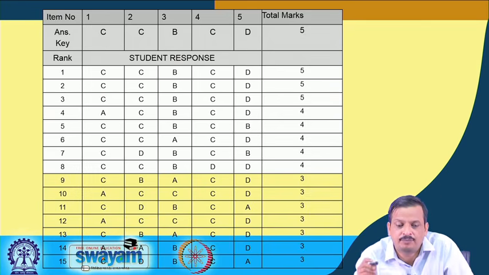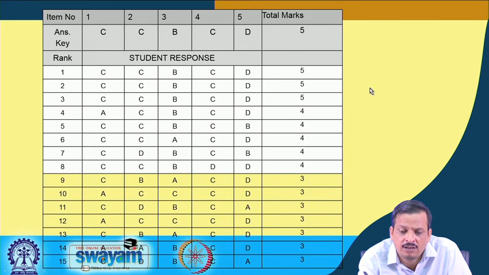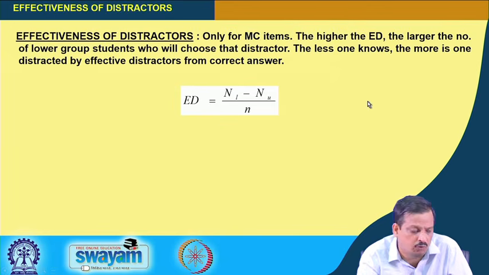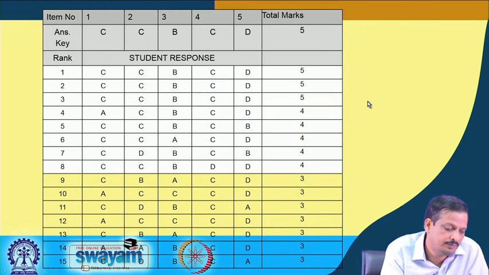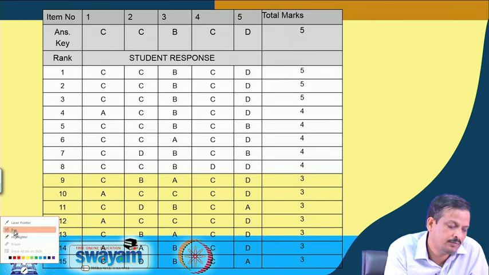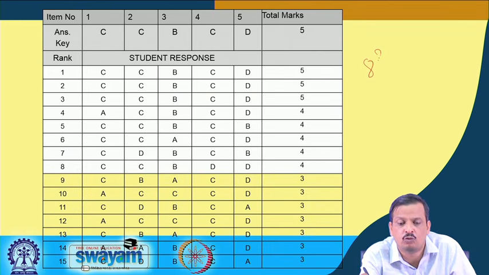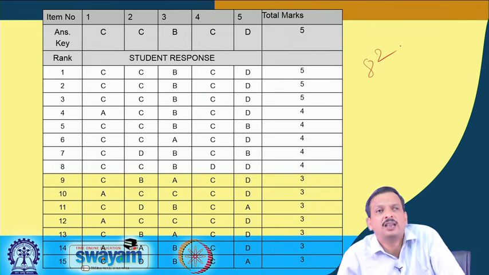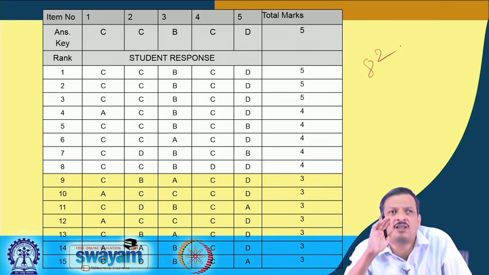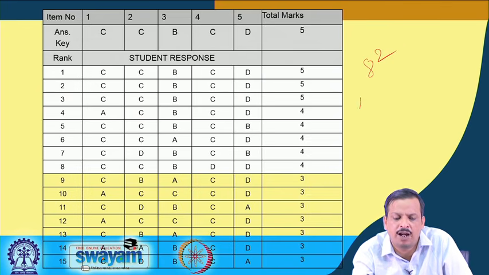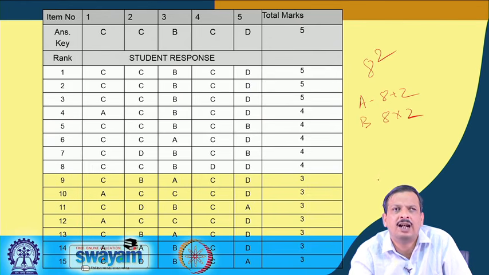For example, let us take 8 to the power 2. What are the possible misconceptions? Misconception number 1 is 8 plus 2. Number 2 is 8 into 2. And C is the only correct answer, 8 into 8.